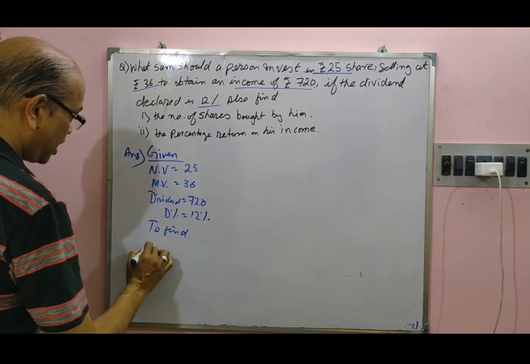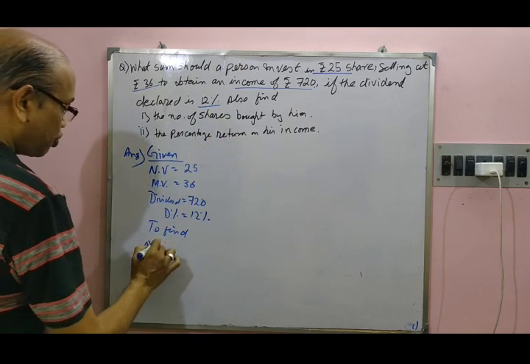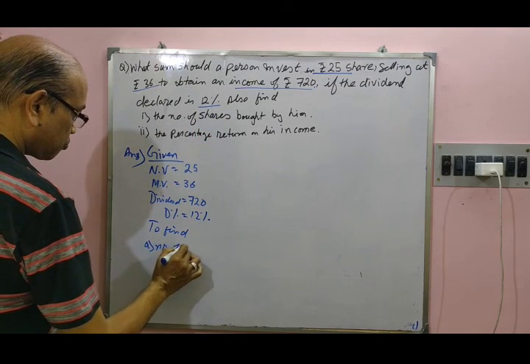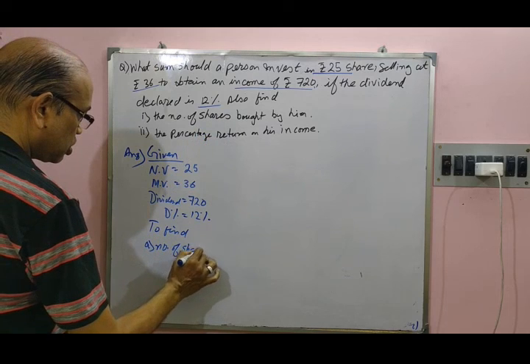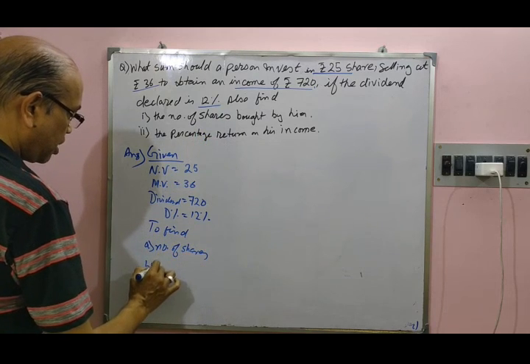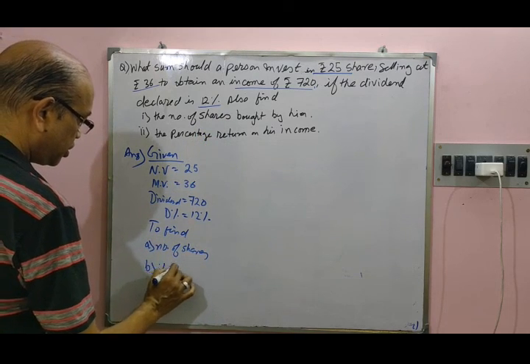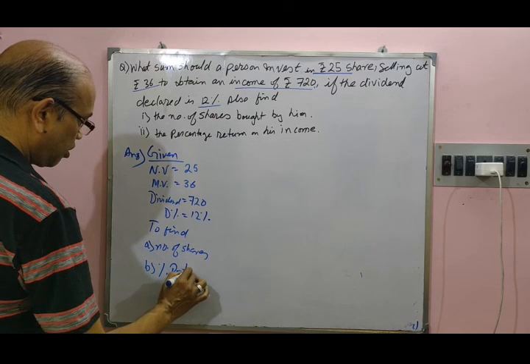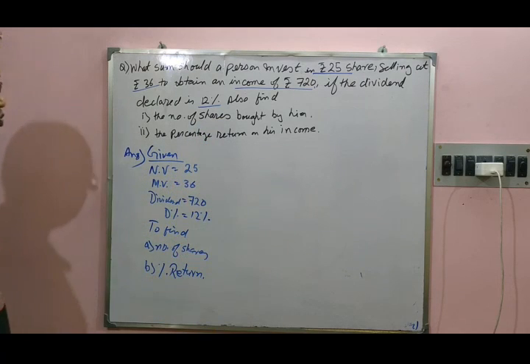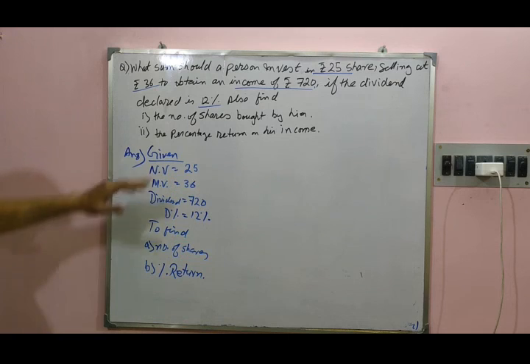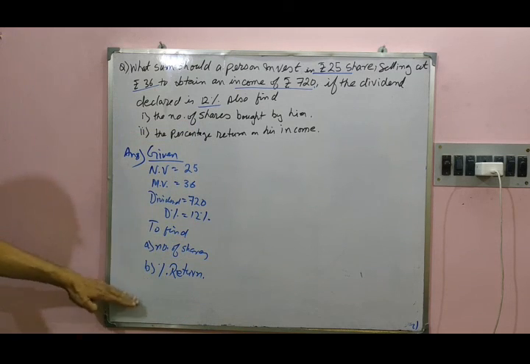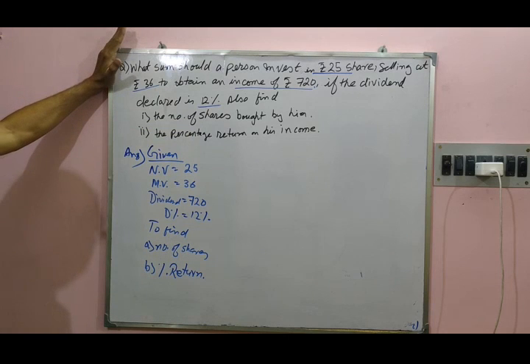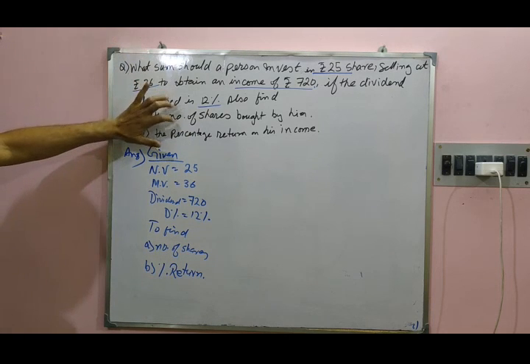Question. To find what? A, number of shares, B, percentage return. Now here we have to find the number of shares, but we do not have the investment.